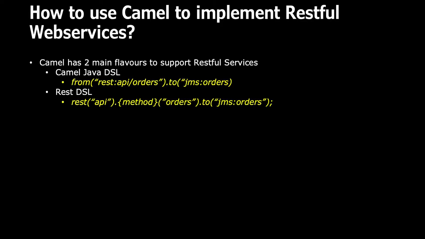All right, how to use Camel to implement RESTful web services. There are various ways, especially in the Java world, to build RESTful web services. You can use Spring REST controller, that is Spring MVC, and actually you can use a very simple servlet as long as you can adhere to those rules.